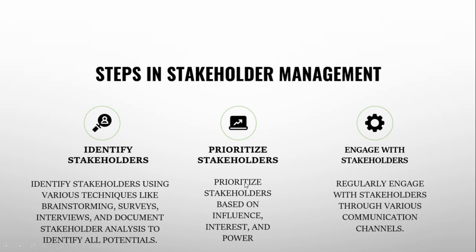The next would be steps in stakeholder management. The steps would first involve identifying who and who are directly or indirectly impacted by a project. So we need to understand who a stakeholder is.